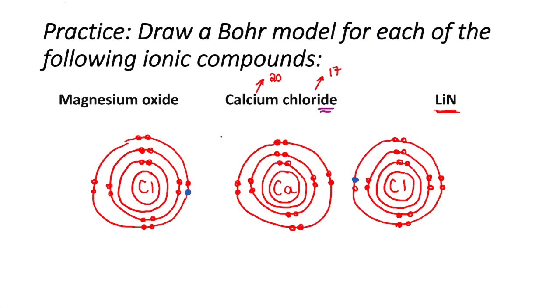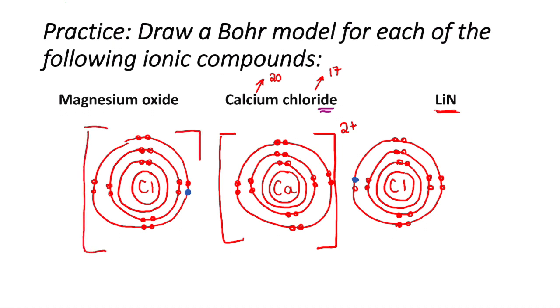And the only thing we're missing here is our square brackets to symbolize that it's an ion. So calcium has lost 2 electrons, meaning it's now 2+. Chlorine, or the chloride ion, has gained an electron, so it has a -1 charge.